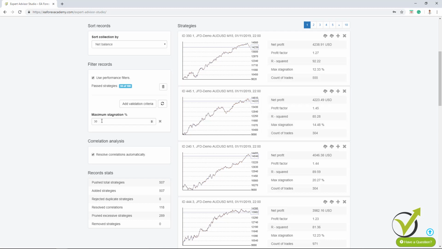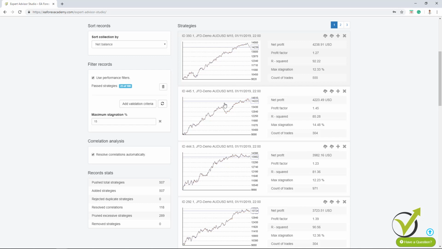And you see by default it comes at 30%, and 94 out of the 100 are with stagnation that is below 30%. Okay, for example, if I go down to 25, you will see that I have 81, and I will go down to 20 and you will see that I will have 49 strategies, and I will go down to 15 and you will see I have 23 strategies passing the validation criteria here.